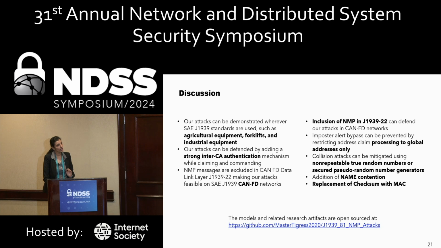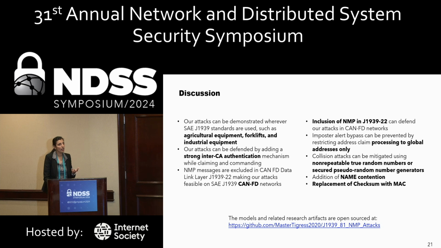And the discussion is that even though our attacks were proven on medium and heavy duty trucks, these are not limited to medium and heavy duty trucks. It is applicable anywhere there is an SAE J1939 network, like agricultural equipment, forklifts, and industrial equipment.